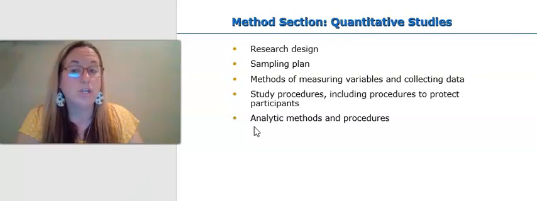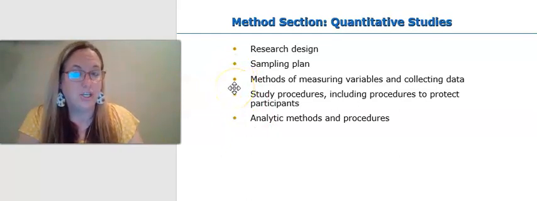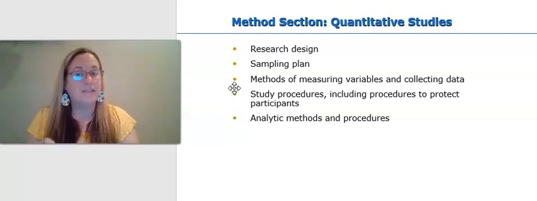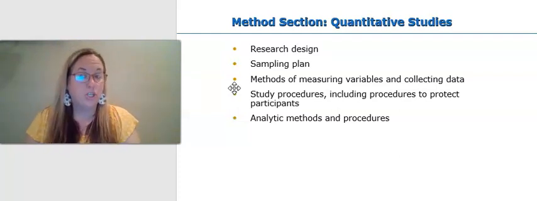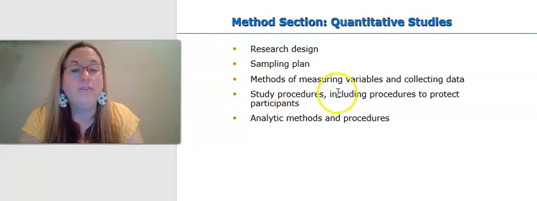The biggest portion of a quantitative method section is probably the third bullet. It goes over data collection. And data collection is going to be some way that is very systematic using formal instruments that can be converted into numbers. So how do they measure their variables and collect their data?